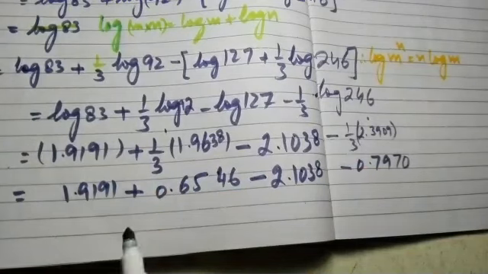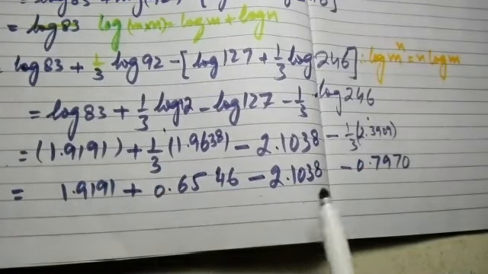Now you have gotten 4 numbers in such a way that you can use your calculators to find a single number, which is required right before taking the anti-log. So I'm going to simplify it.